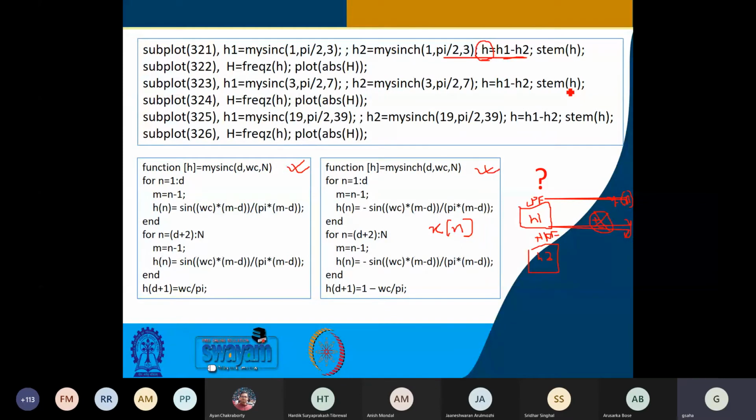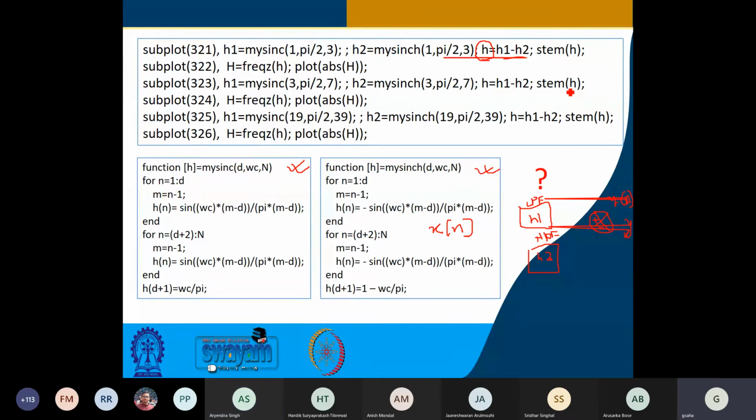Have you got my question? Will it be like a square wave which inverts itself at pi by 2? No, no, I'm not going to that part.